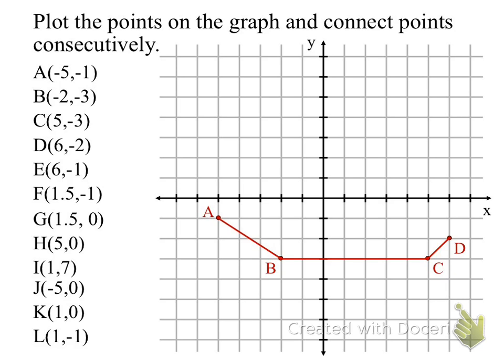Okay, next one, E. I go across 6 and down 1. And I connect it. So each time I'm connecting it from the previous one, but I start at the origin every time. And where is the origin? In the middle. Okay, then I go F. Now this gets kind of tricky for kids, but it's just as easy.